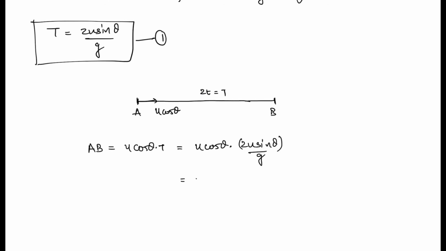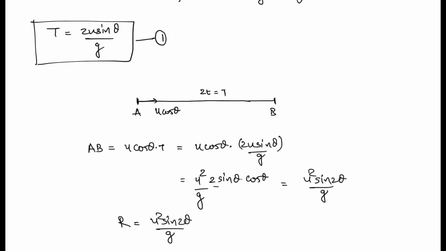So it is u square into 2 sin theta cos theta divided by g. Now this seems like sin 2 theta, so we can write u square sin 2 theta divided by g. This will be the range, horizontal range. It is denoted by R is equal to u square sin 2 theta divided by g. So it is another important equation. Let us say equation 2.